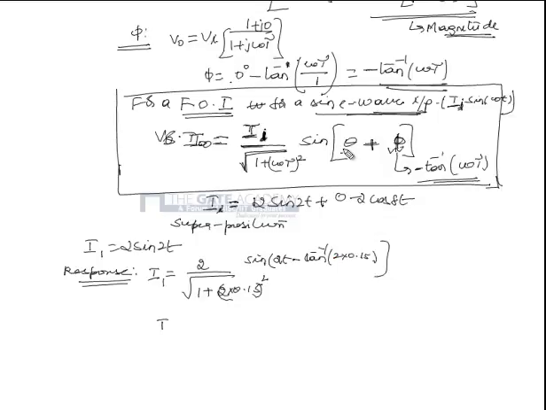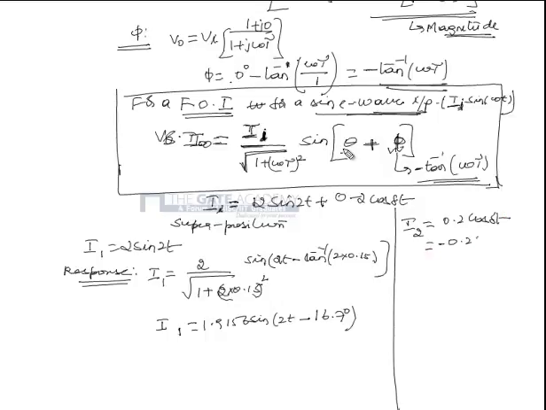If I solve this, I get I1 equal to 1.9156 sin(2t minus 16.7 degrees). Now we take the other input, 0.2 cos 8t, which I can represent in terms of sine as 0.2 sin(8t plus pi).